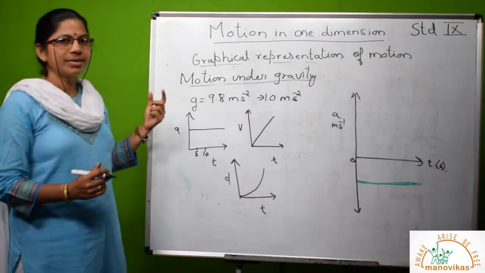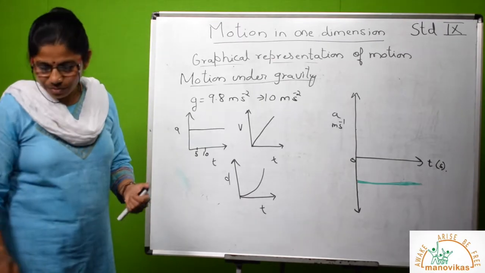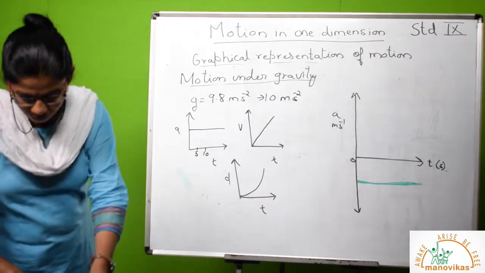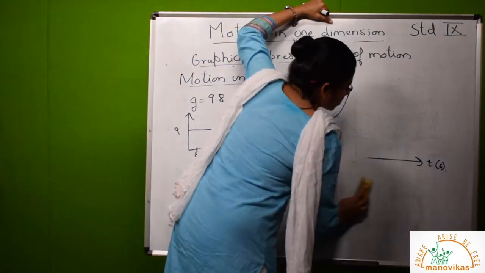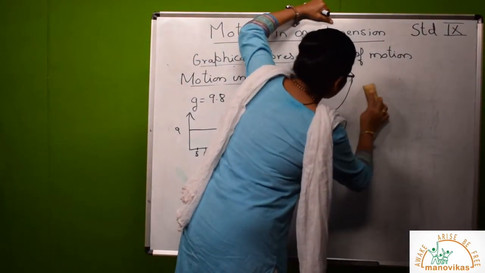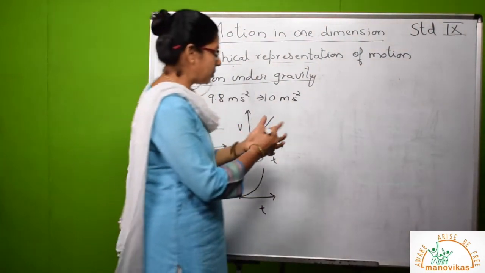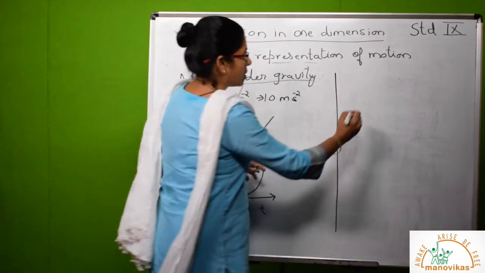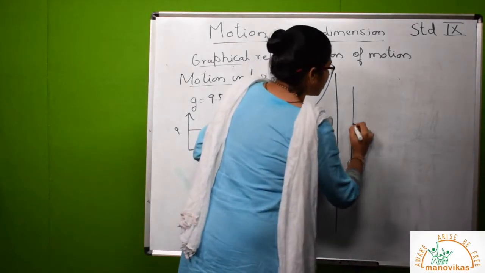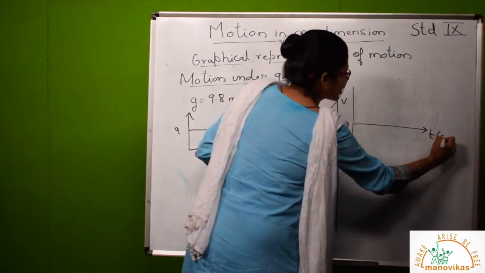Now towards the end, I'm going to show the velocity time graph for a ball which is released from a certain height. So you have the velocity here, time here in seconds.